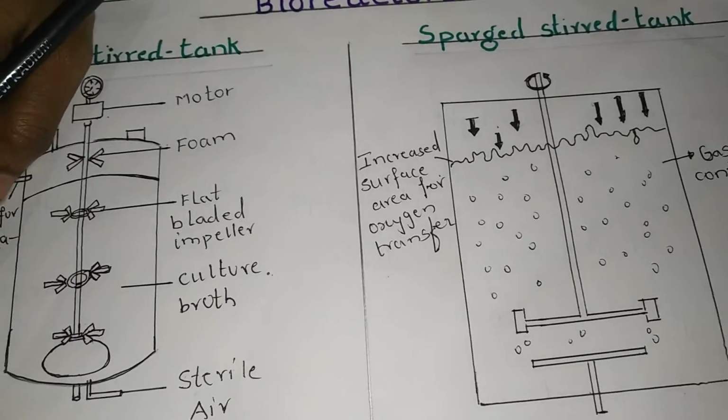So by the end of this, we are going to get the product. Before it is released as a product in the market, it has to undergo a series of processes and tests, like separation and purification.